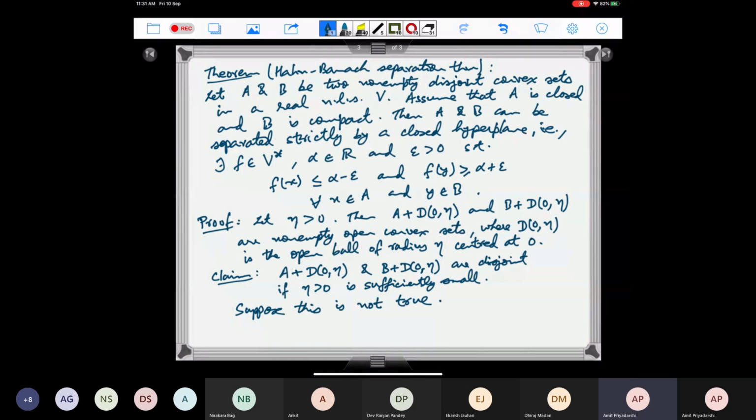So for every n in N, there exists some point, let's call that Zn, belonging to A plus D0 1 by n intersection B plus D0 1 by n.